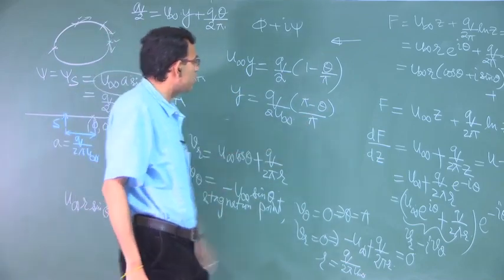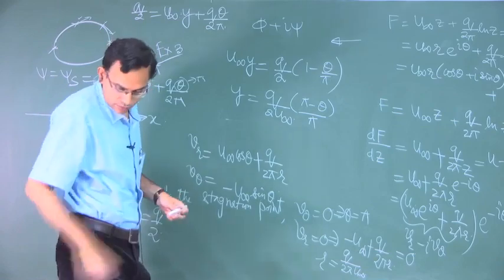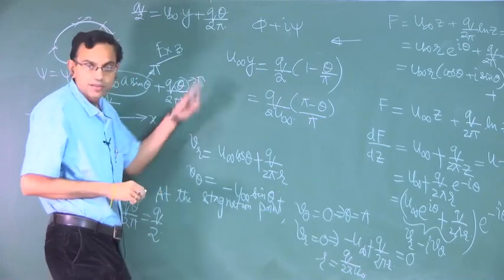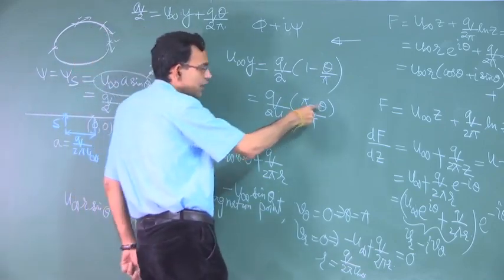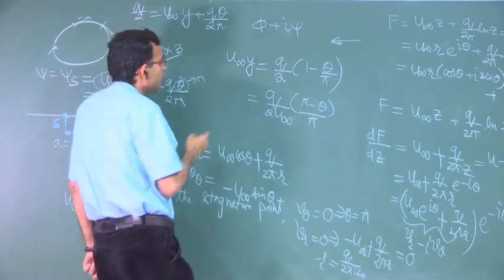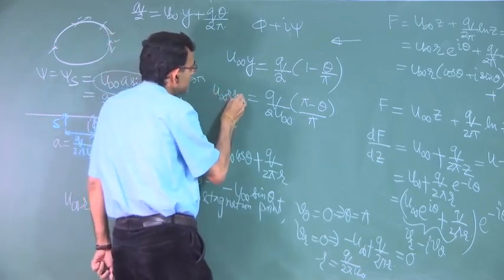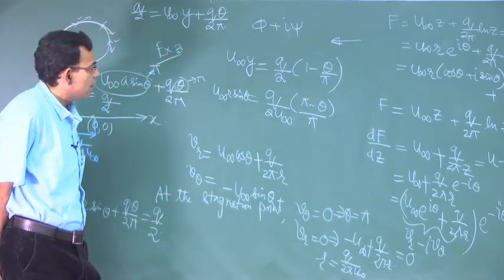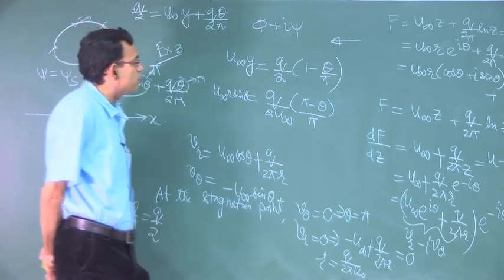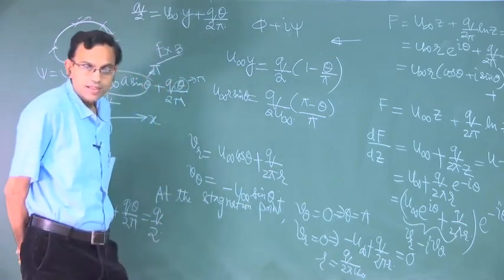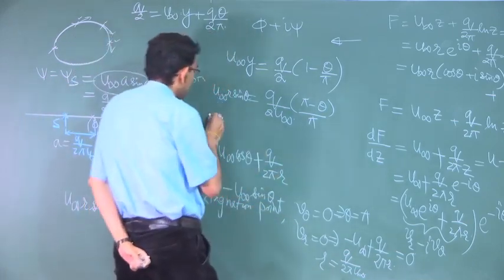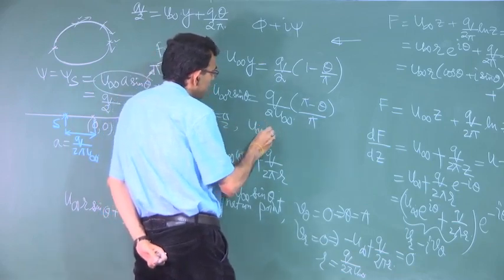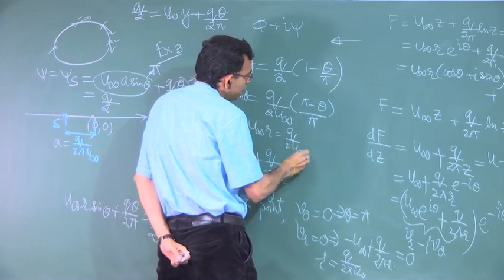So, when you put theta equal to pi by 2, actually I should put it here as r sin theta instead of y, because then there is theta at two places, that will make you understand it better. u infinity r sin theta. So, let us take theta equal to pi by 2 as an example. So, when theta is equal to pi by 2, u infinity r is equal to q by 2 u infinity.